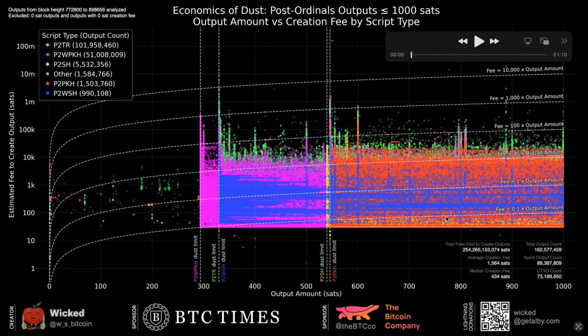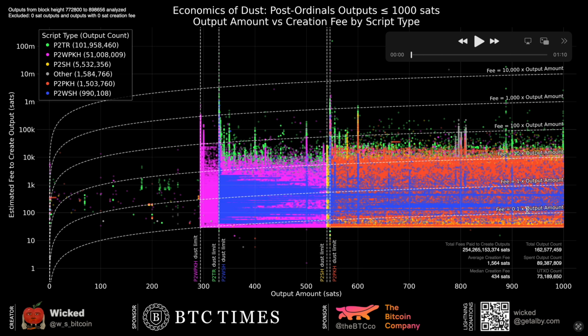There are also on this chart several diagonal lines, more horizontal really, which show key creation fee to output value ratios, and they go up by orders of magnitude. Most notably, here's the 1-to-1 ratio, meaning the fee to create this output was the same as the output amount. Above it is a 10-to-1 ratio, and below it is a 0.1 ratio.